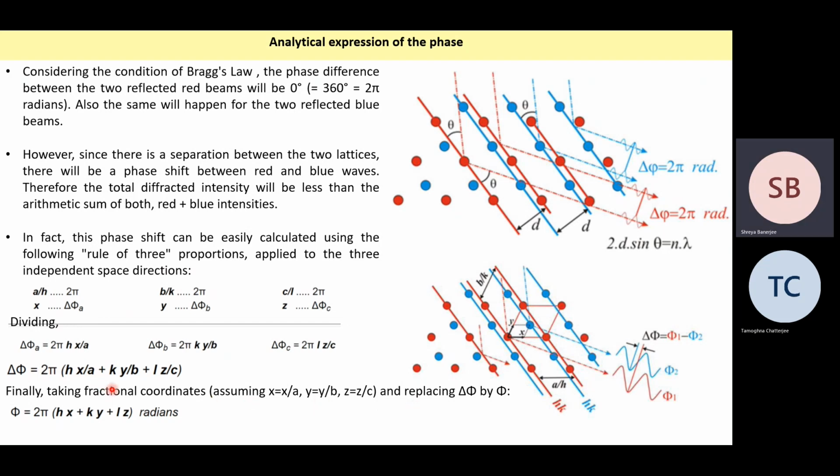If you consider x by a as x, y by b as y, and z by c as z, you can do this because a, b, and c are essentially constants.